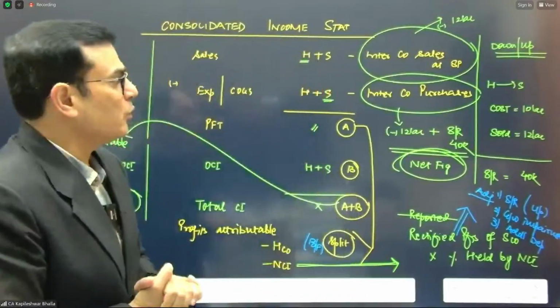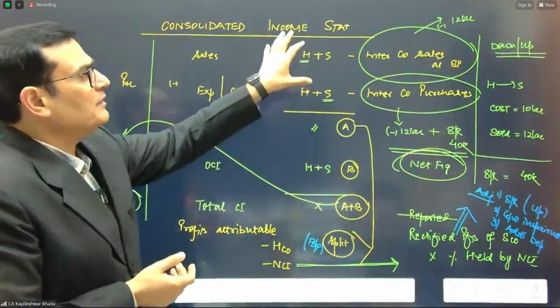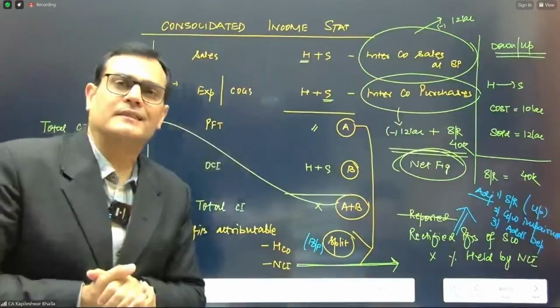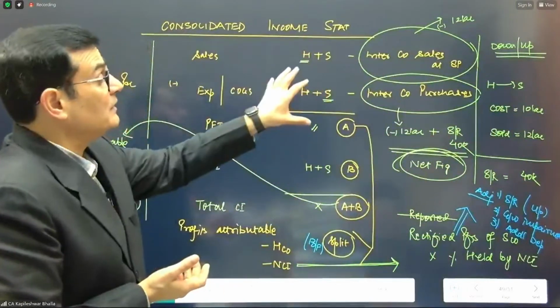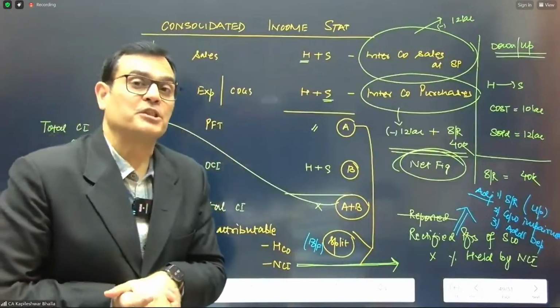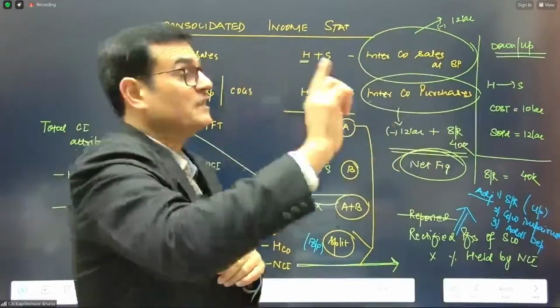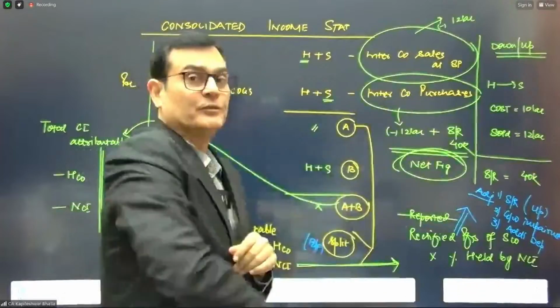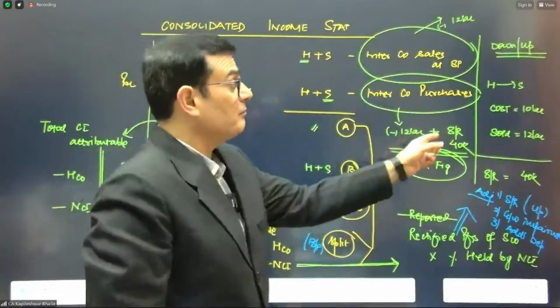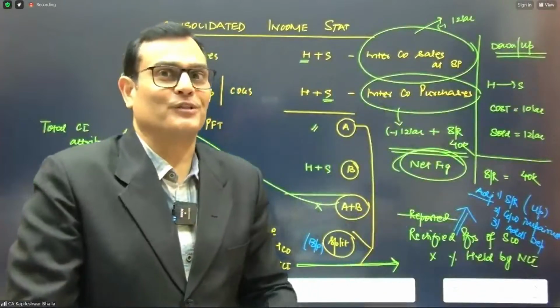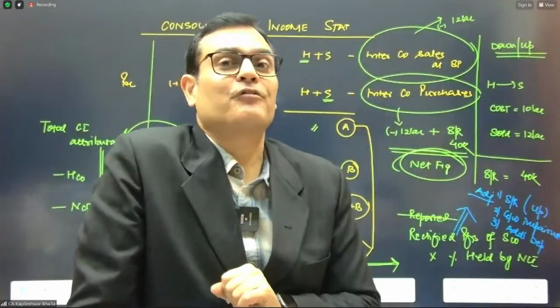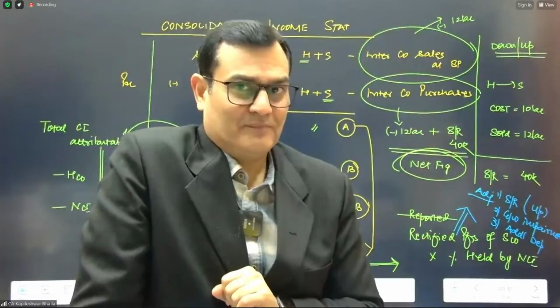In this particular case, I will eliminate the sales value from the sales part, and eliminate the sales value from the purchase part. But remember, you need to eliminate the stock reserve. So you're going to eliminate the net figure from the cost of goods sold.